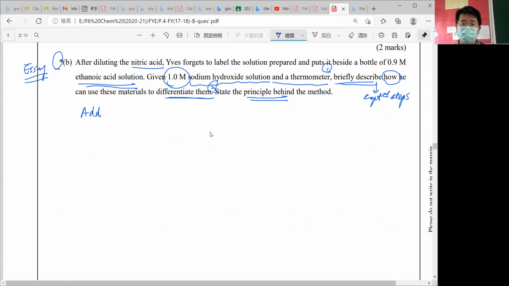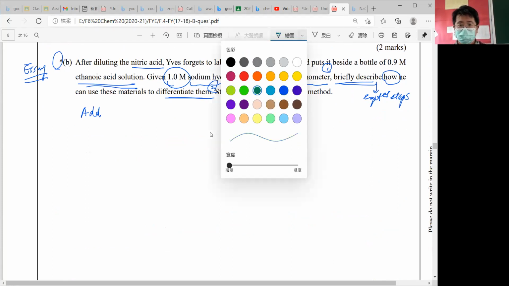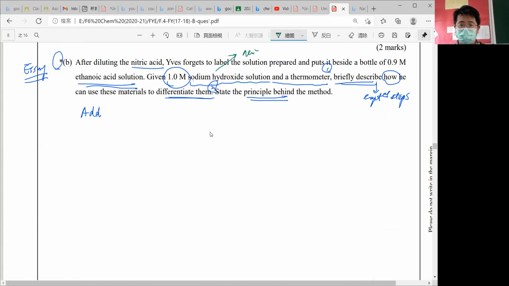You are going to do neutralization. Okay, you are going to do neutralization. The rationale behind simple neutralization, they will give out heat and use that heat to find out the delta T. Can you get the whole flow?